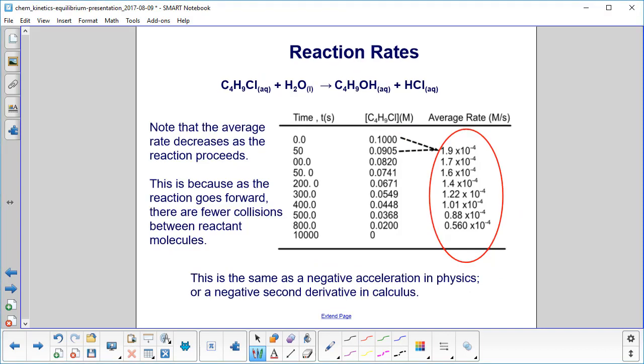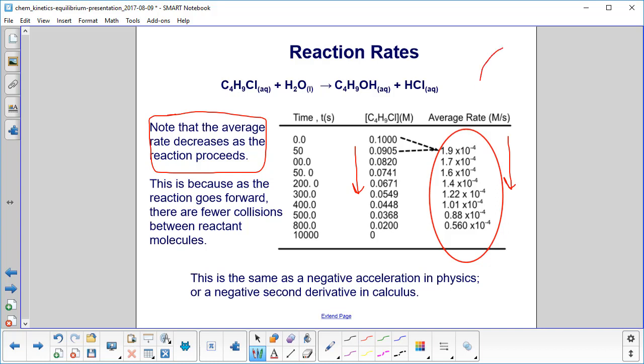As we pointed out on the last slide, the average rate decreases as the reaction proceeds. So we had the concentration decreasing. That meant the average rate was decreasing. Well, in this case it did. And that's because as the reaction goes forward, there's fewer collisions between reactant molecules. You have less and less molecules.